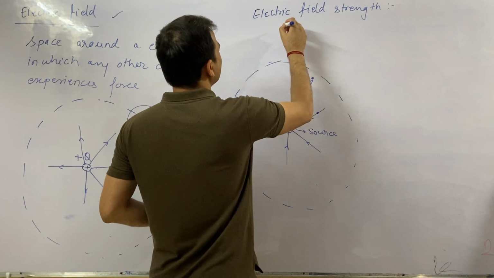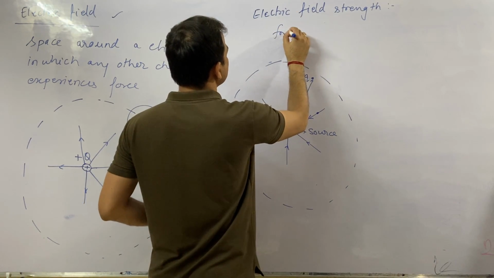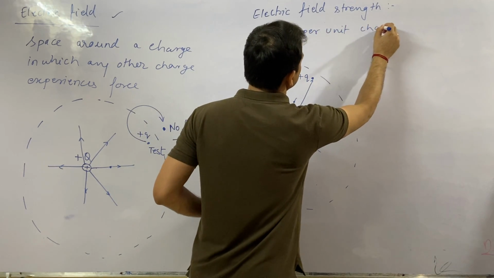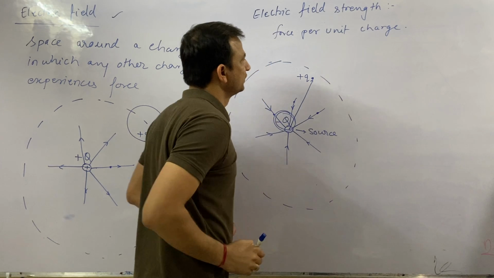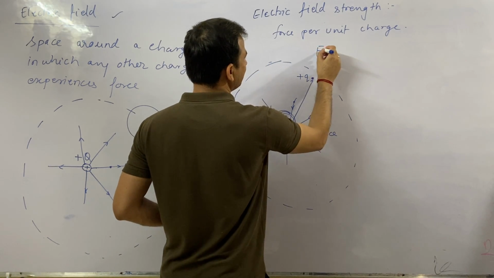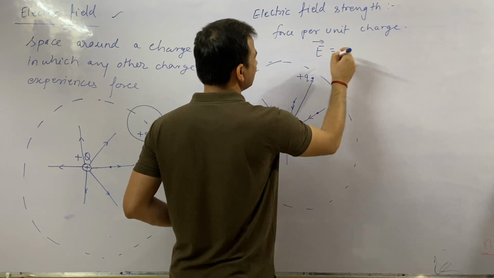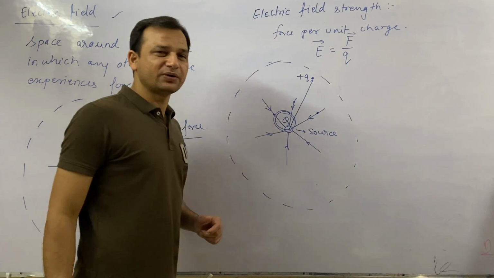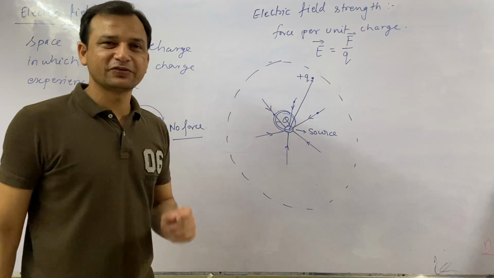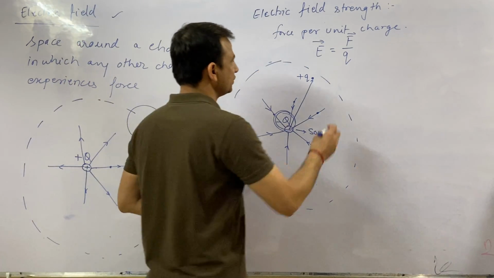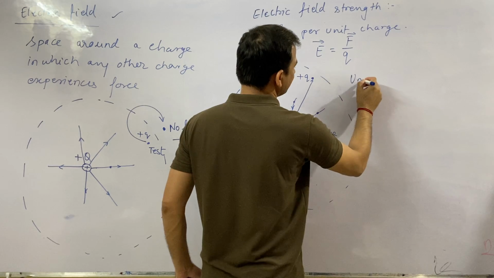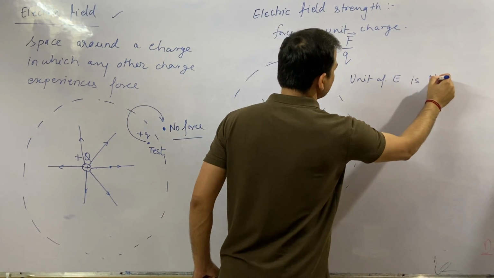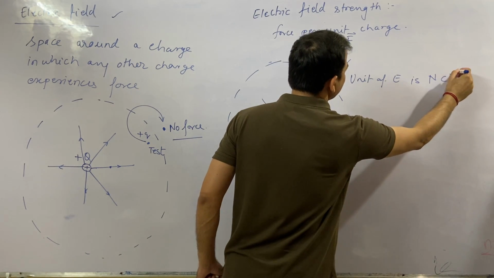So here we can write force per unit charge. Electric field is denoted by E, and it's written as E is equal to F by Q. I'm using arrows here, which shows that the electric field is a vector quantity. So the unit of E is Newton Coulomb power minus 1.